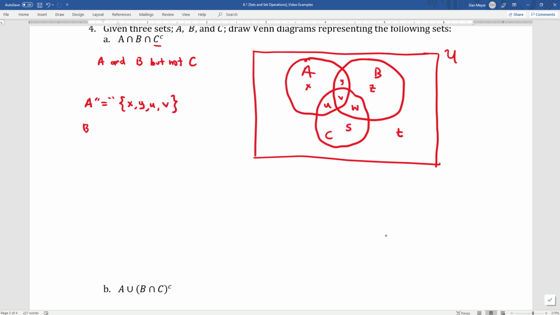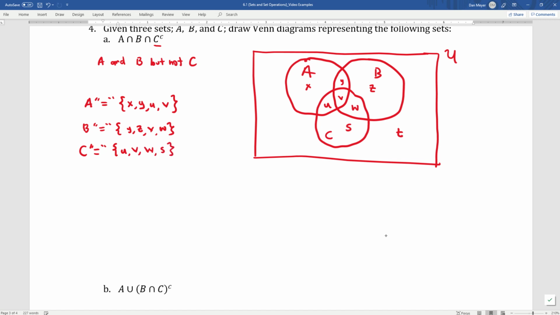B has the pieces Y, Z, V, and W. And C has the pieces U, V, W, and S.